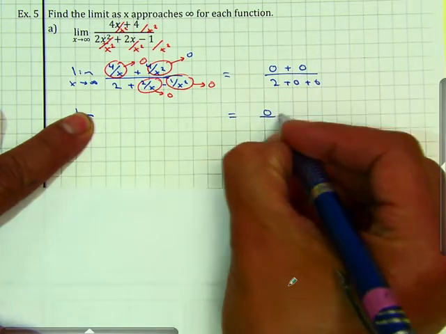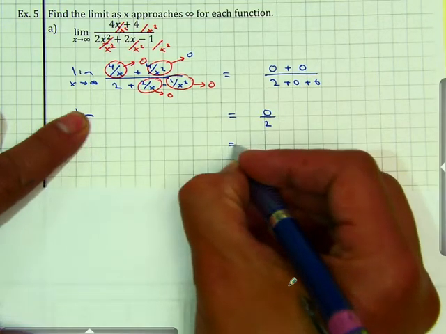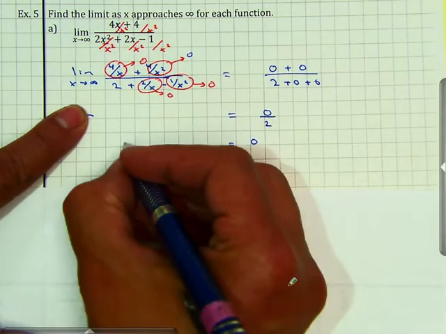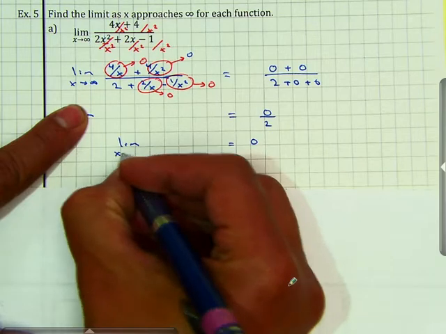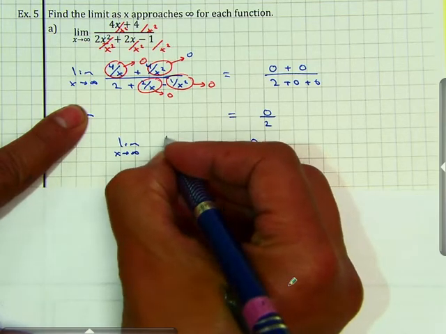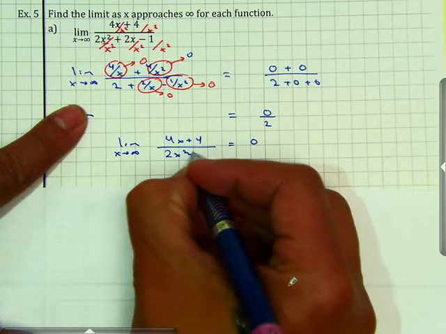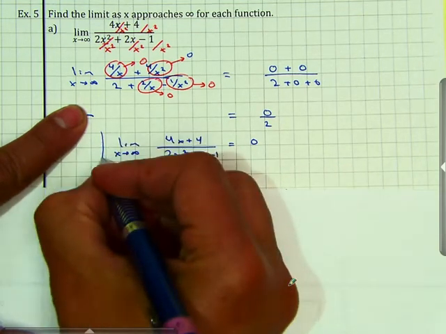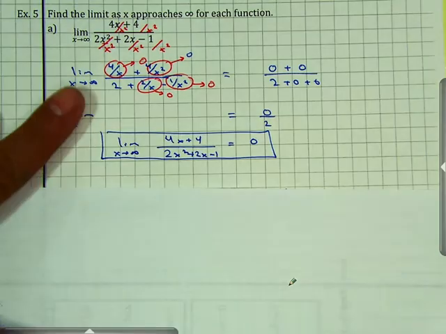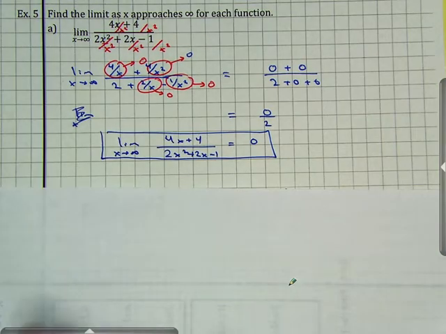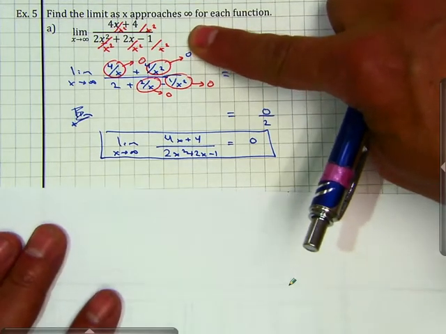So it'll be 0 over 2, which is 0. Therefore, the limit as x approaches infinity of 4x plus 4 over 2x squared plus 2x minus 1 is 0. And that is the method that we are going to use to find the limit of rational expressions.